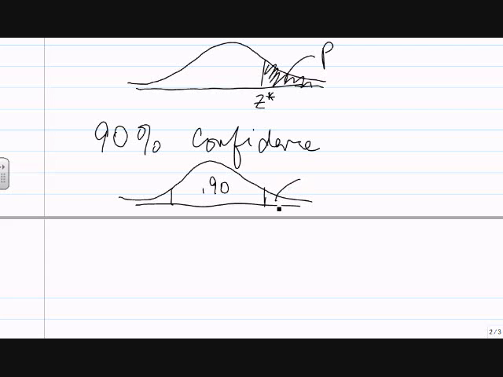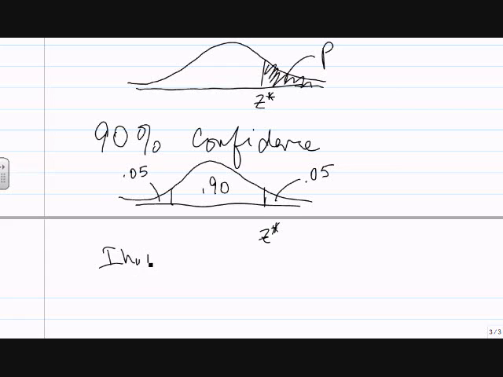How much area is over here in this right tail, as it is called? So for 90% confidence, I want to find the Z star, the critical Z for 5%. Give me some ways that you think you could find that Z for that 5% mark.